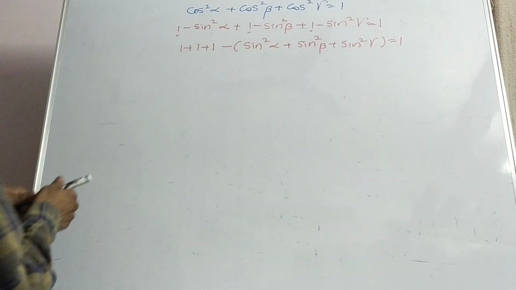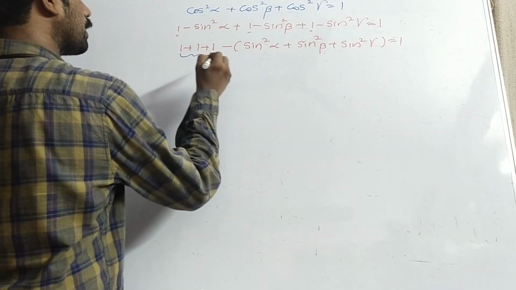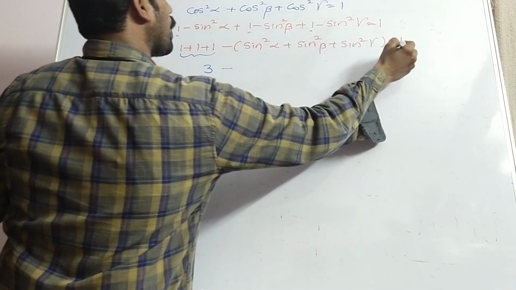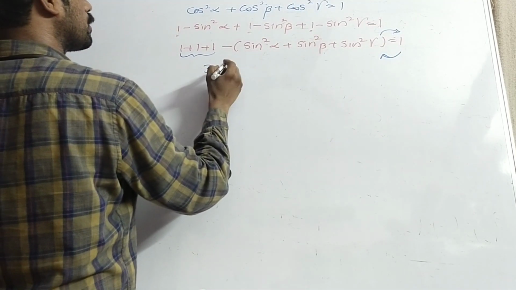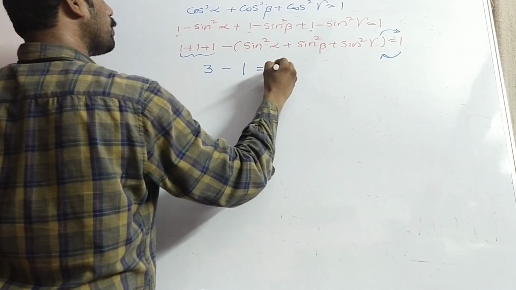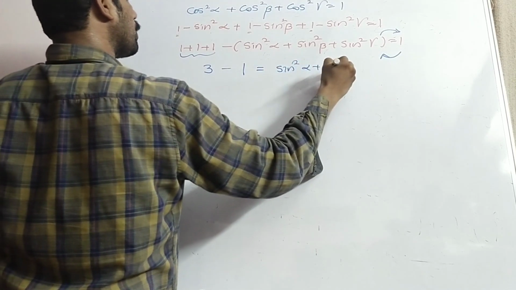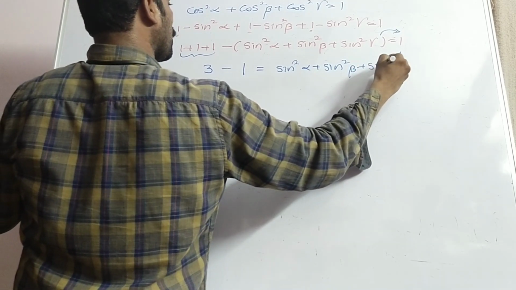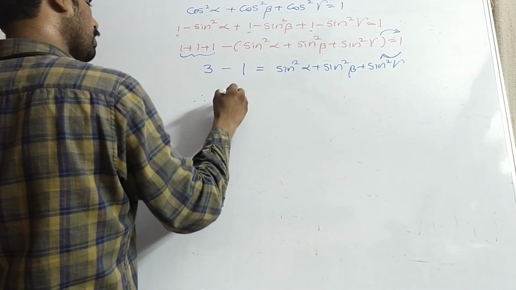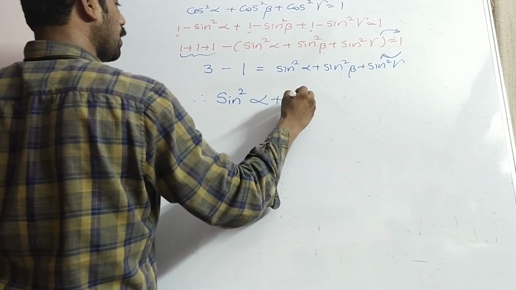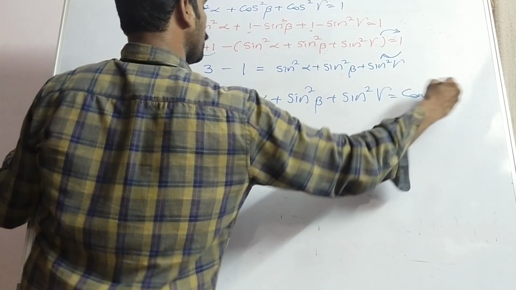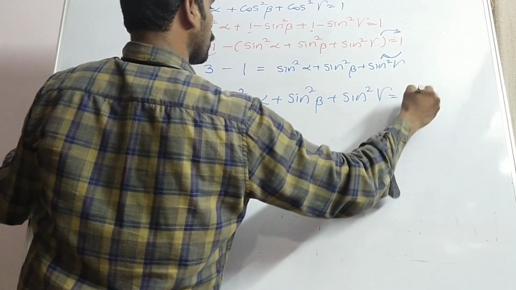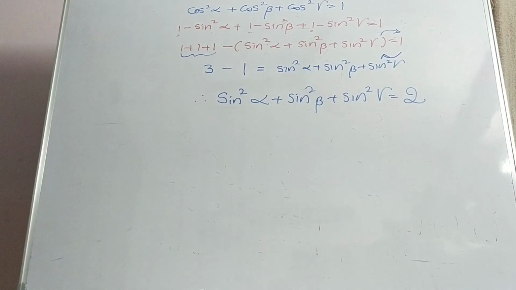Now here the total is 3, so 3 minus 1 is equal to sin square alpha plus sin square beta plus sin square gamma. Therefore, the final expression: sin square alpha plus sin square beta plus sin square gamma is equal to 2.